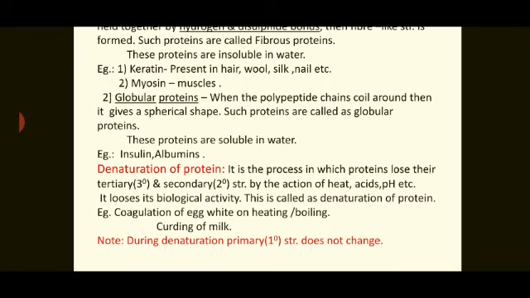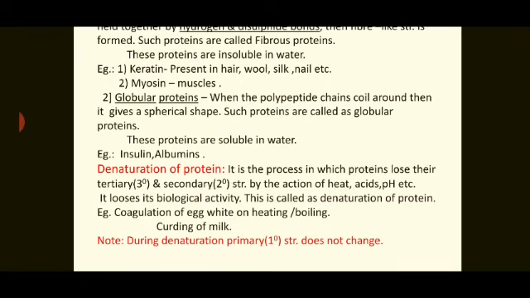Now here in the definition you have seen that only secondary and tertiary structure is written. That is, loss of or change in secondary and tertiary structure. But the primary structure does not change. That is, it remains intact. So the question can be asked on this part as: what is denaturation of protein?